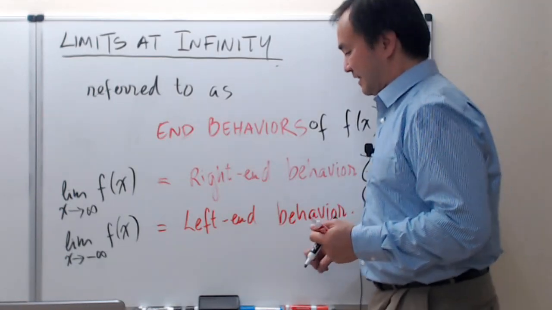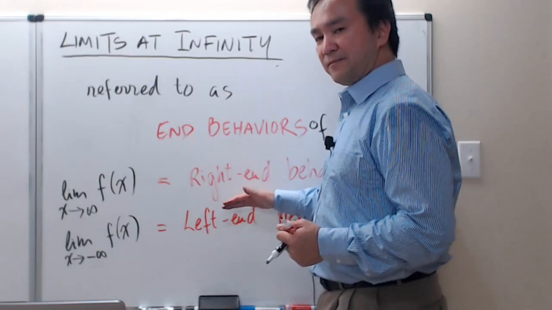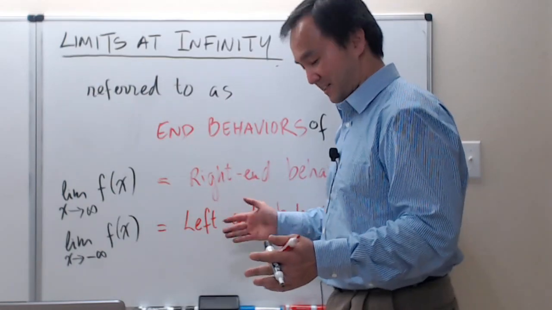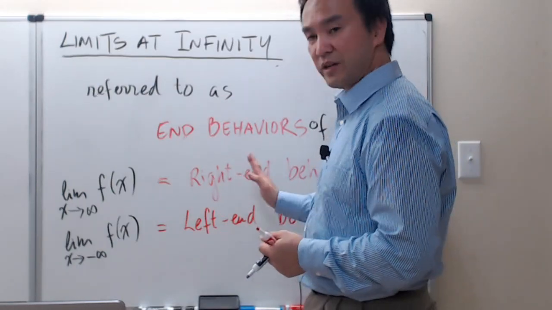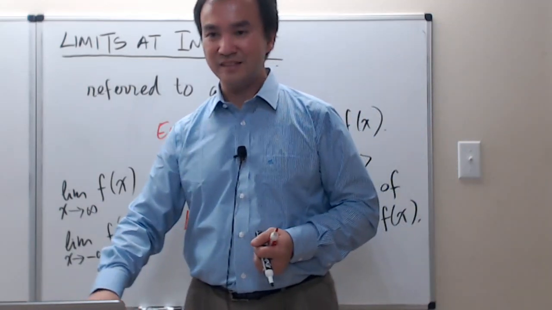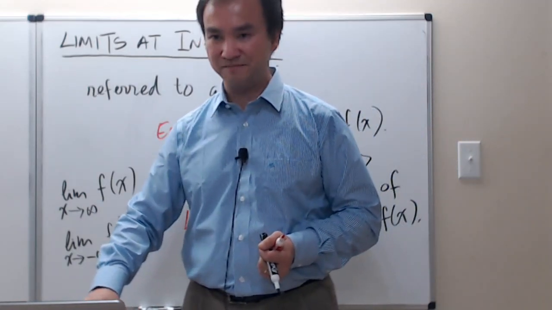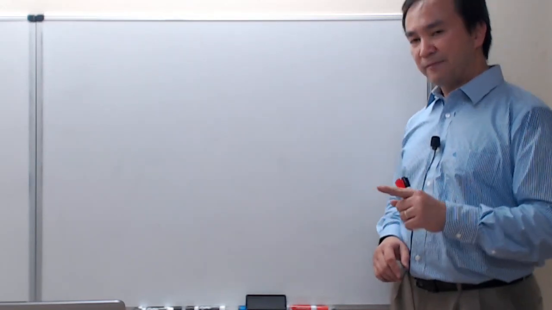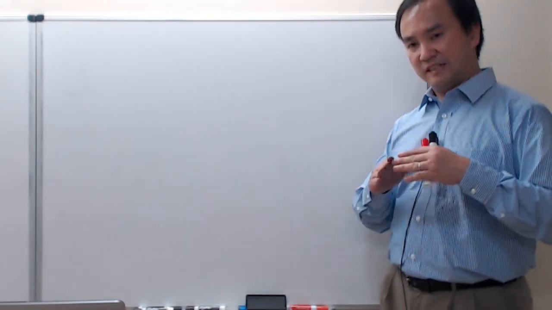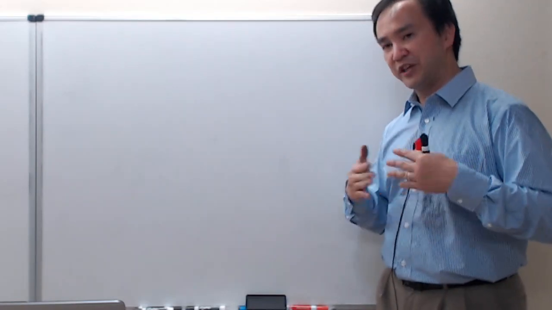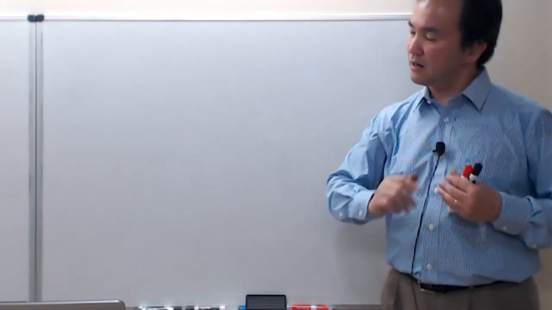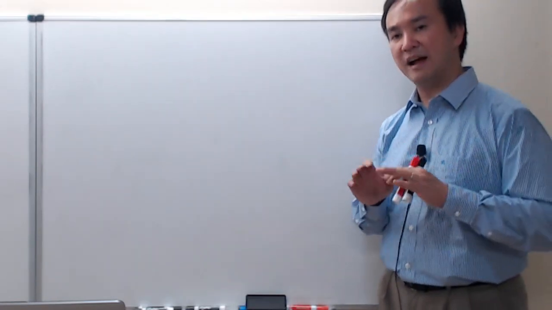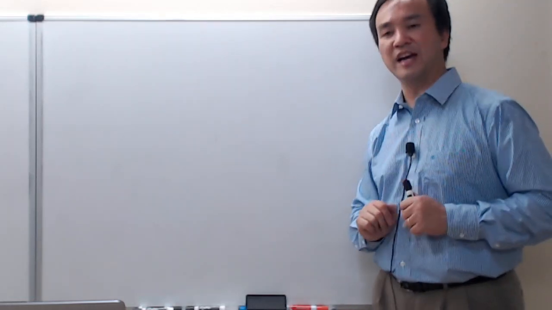All right. And so now I bring up these terms for a reason, and allow me to take a moment to erase the board, and we'll be heading in that direction. All right, and so as soon as I start bringing up that terminology, the end behaviors, or in particular left end behavior or right end behavior, believe me, you have seen this concept before you enter a calculus course.